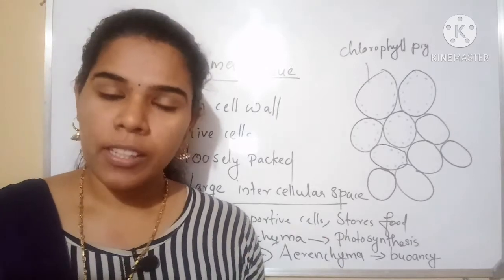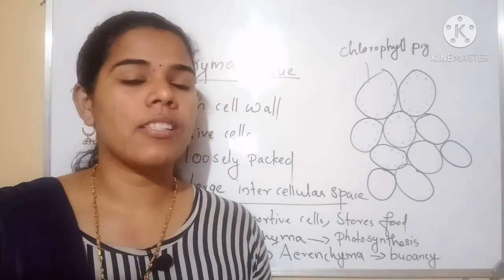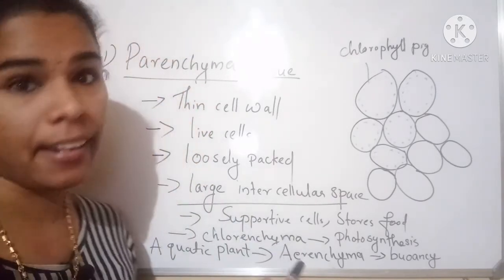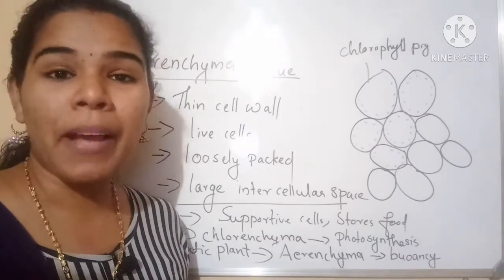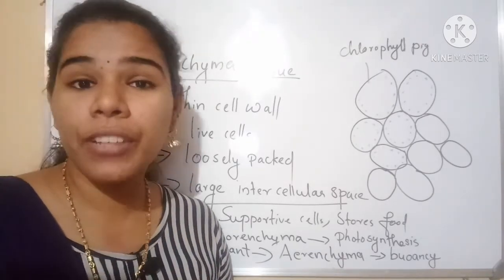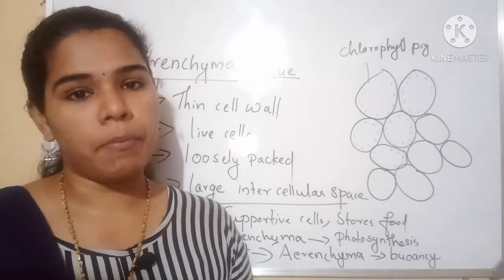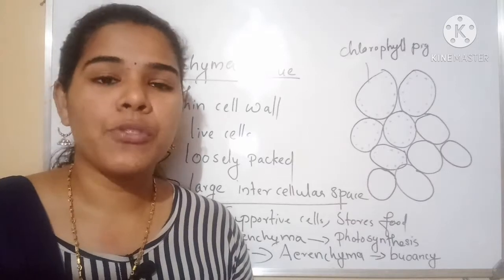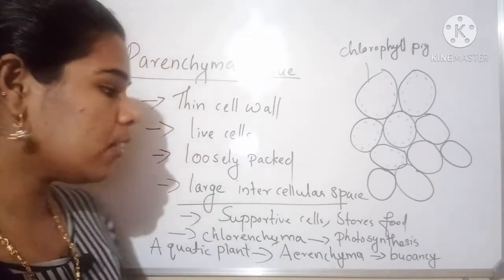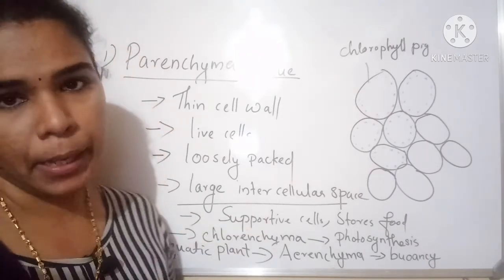We know the water plants float on the surface of the water because of the presence of this aerenchyma, which means the parenchyma is filled with air, which helps the buoyancy of the plant. So these are the common functions of this parenchyma.